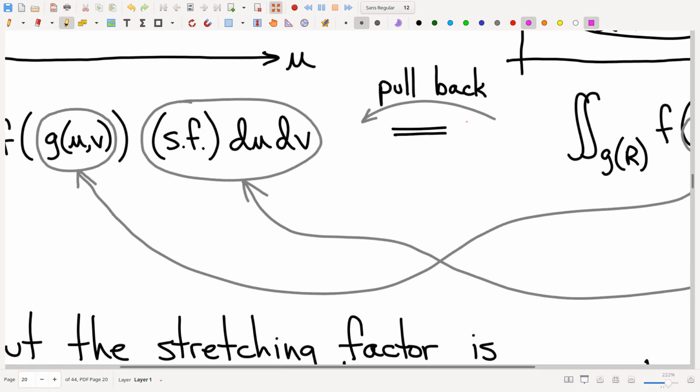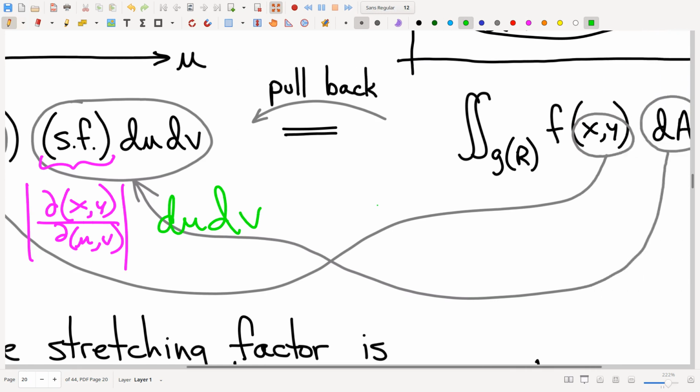The other thing that I like about this notation is that, with that in mind, if you look at what we have on the left here, I'm going to rewrite this stretching factor as partial xy, partial uv. Don't forget your absolute values, of course. And then we have du dv.